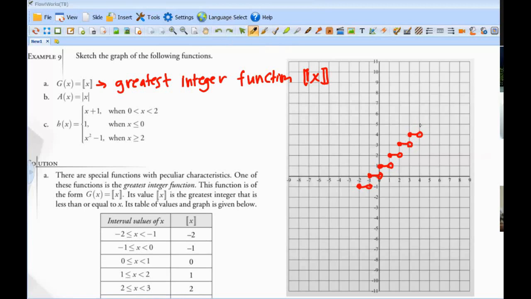This one should be open. Also here, if you move it over here, it's like this.